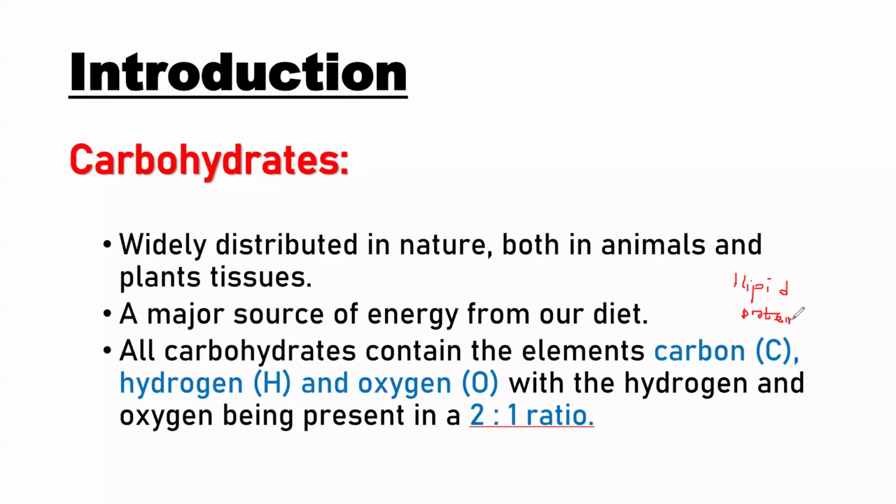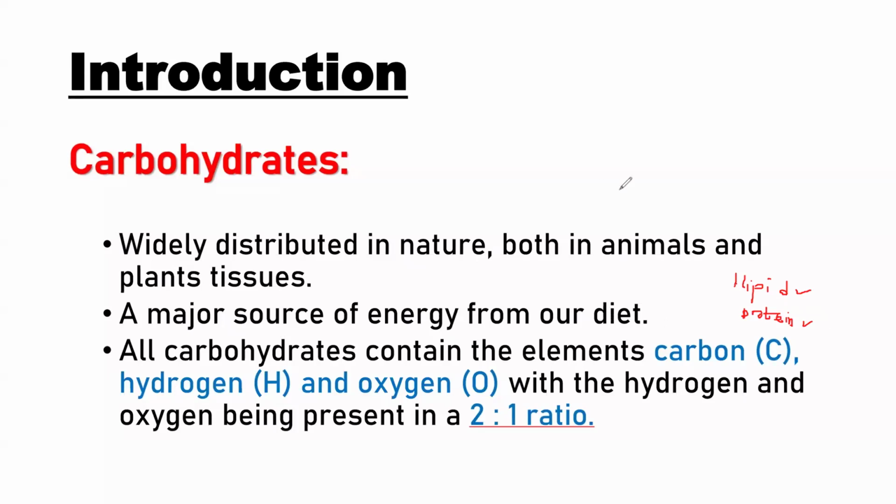So it means that apart from carbohydrates, proteins and lipids produce energy. In fact, lipids produce more energy than carbohydrates. But protein and carbohydrates produce an equal amount of energy.